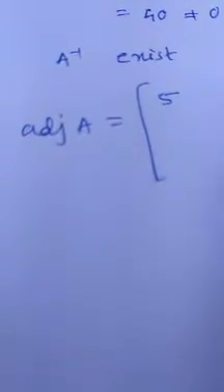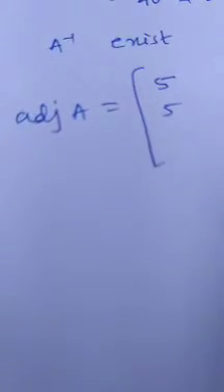Adjoint is 5, 3, 9, 5, minus 13, 1, 5, 11, minus 7.